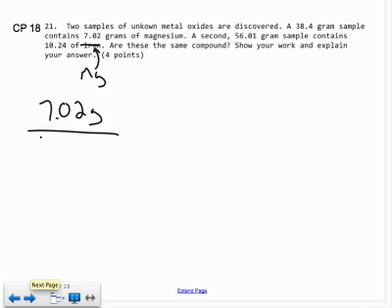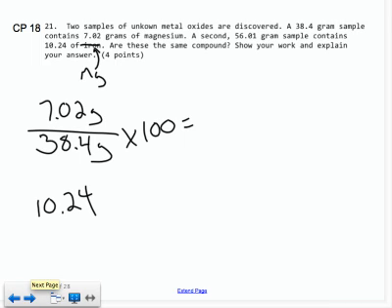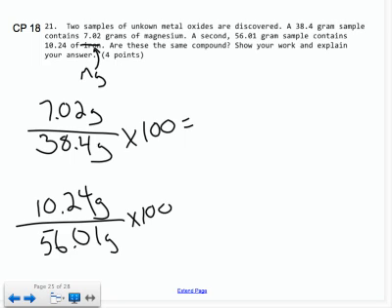In magnesium, the first sample has 7.02 grams of magnesium in 38.4 grams of substance. The second one has 10.24 grams of magnesium in a 56.01 gram sample.